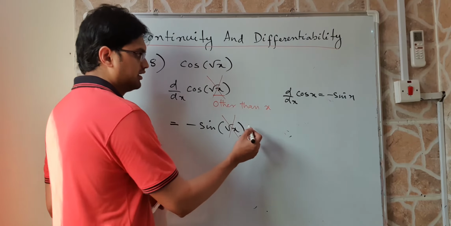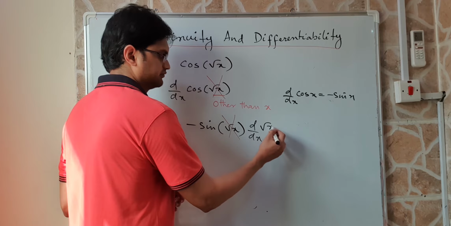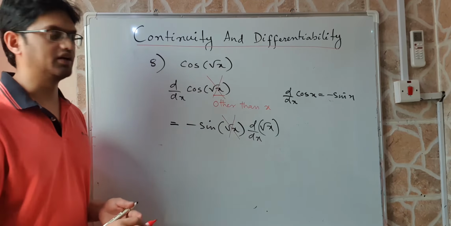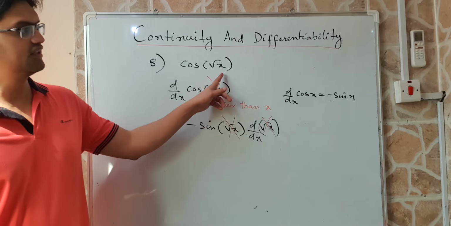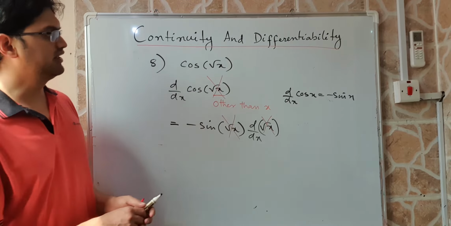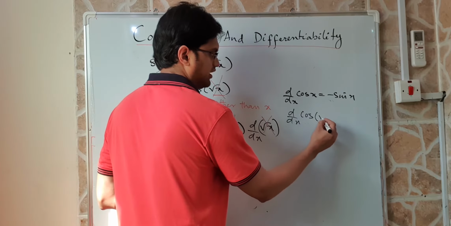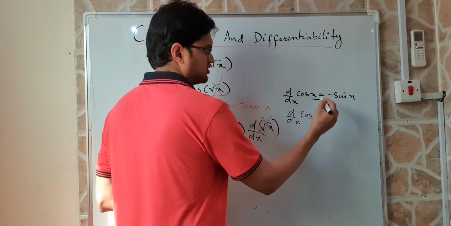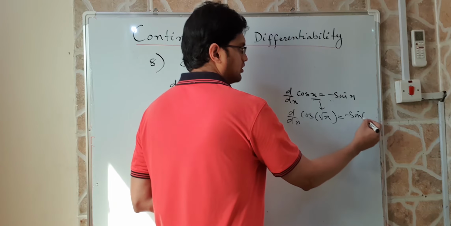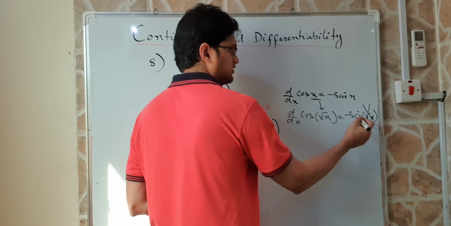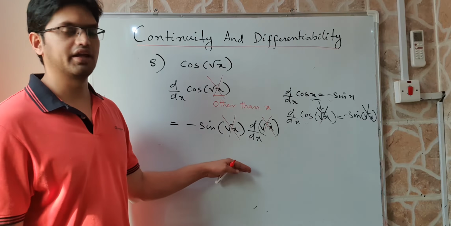And then d by dx of what? Root x, which is other than x. So what I have done, the derivative of this I have considered as cos x. And then like this, the derivative of cos root x, where x has changed. So I am writing it as minus sine root x. That is how we are applying.